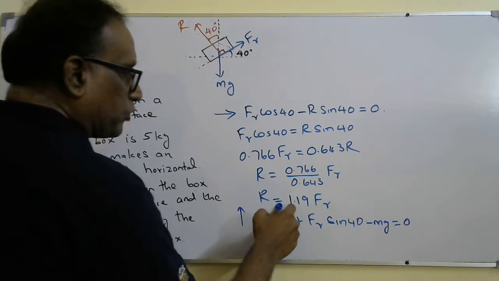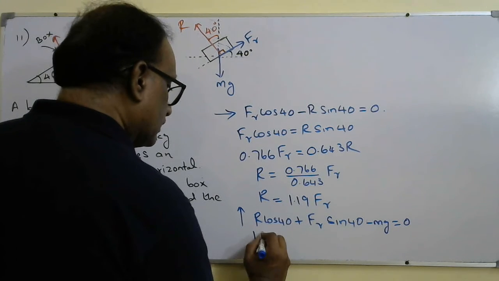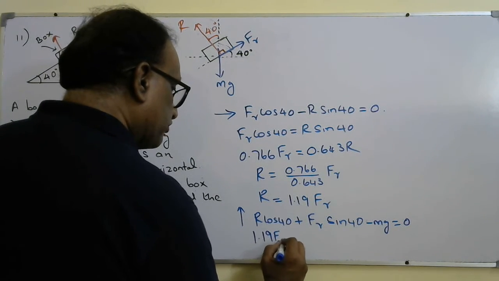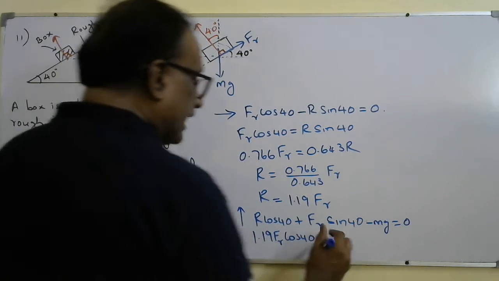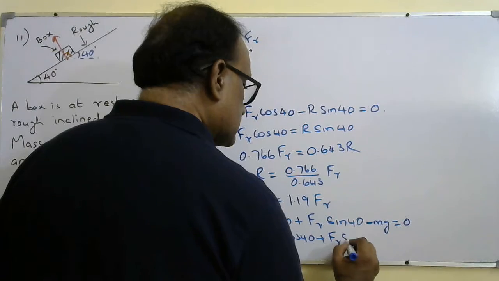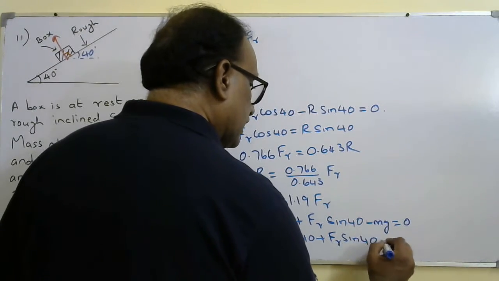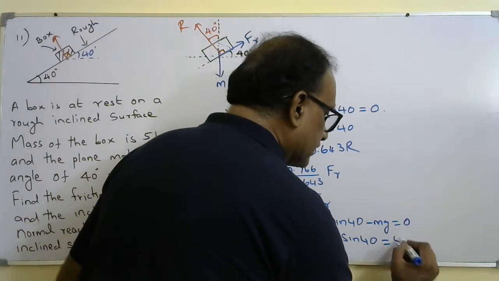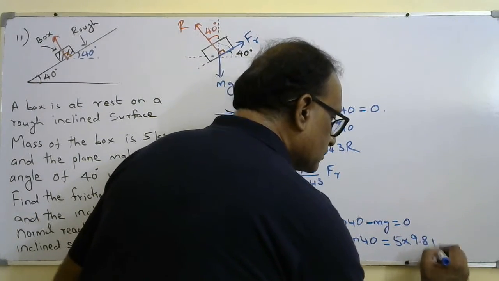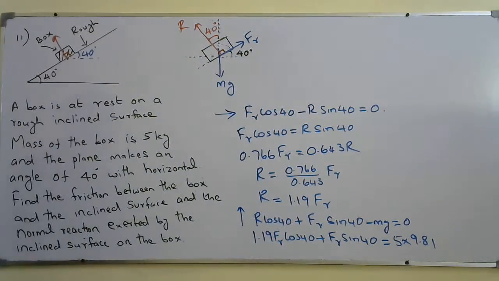So R I can put 1.19 Fr. Fr cos 40 plus here Fr sin 40 equal mg. Mass is 5 kilograms, so 5 into 9.81. Okay, so here we can solve, nothing hard, but lot of numbers are coming.